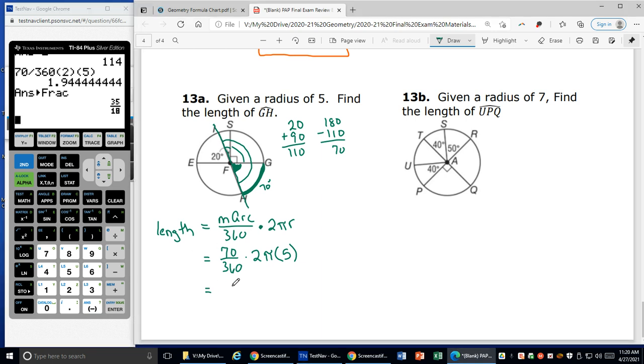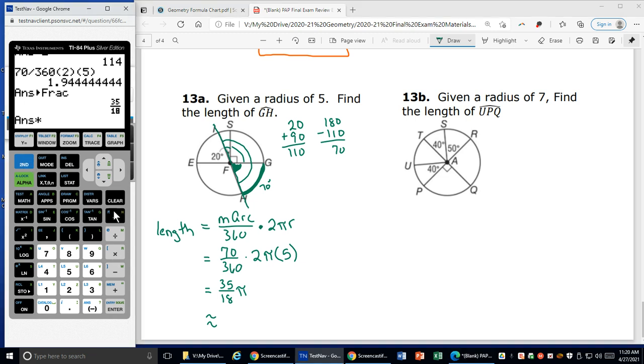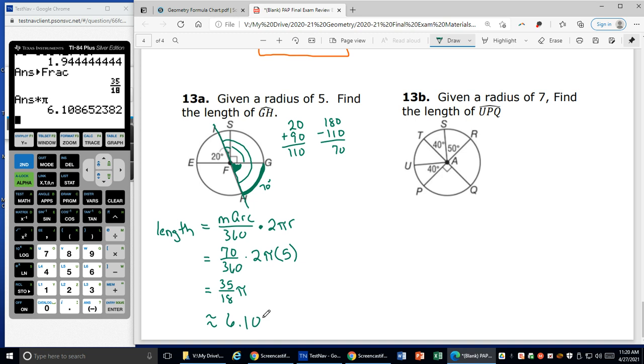My exact answer is 35 over 18 pi. The approximate length then is times pi, 6.109 when I round correctly. My units, it doesn't tell me, so these are just units. And it's part of the circumference, so they're plain old units. It's not squared or cubed or anything, it's just plain units.